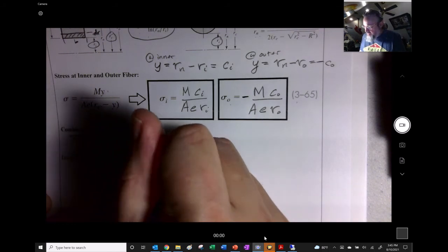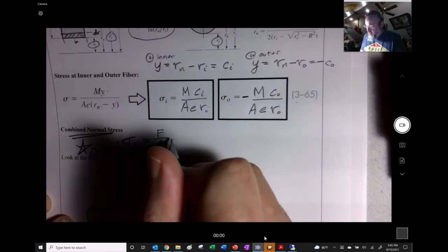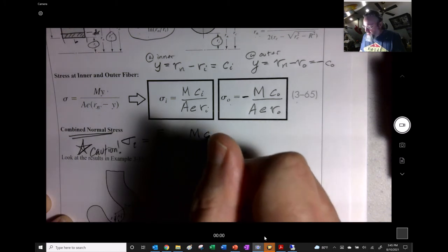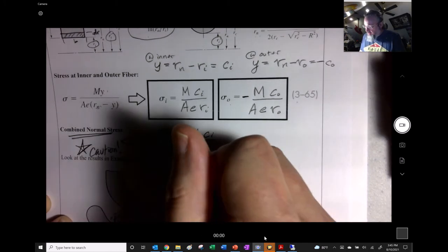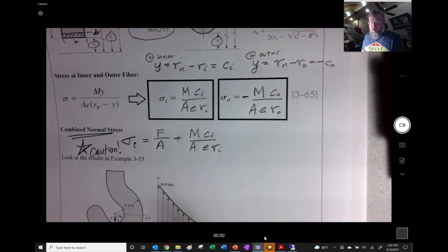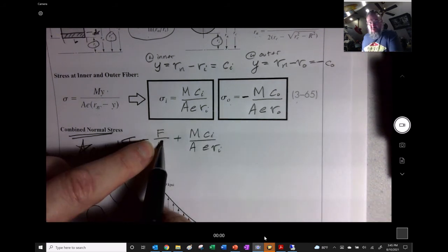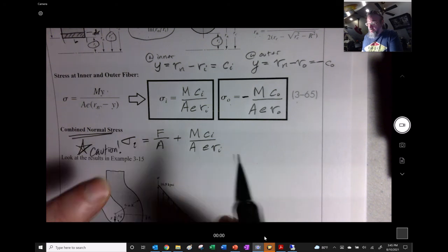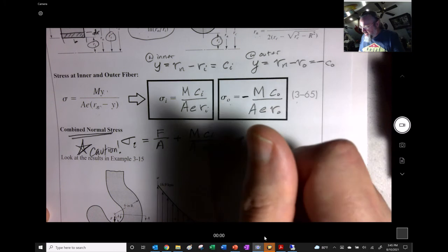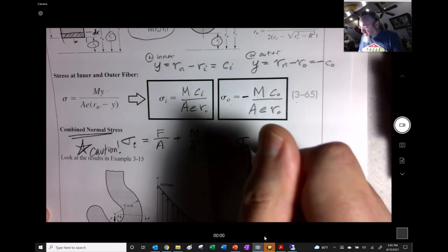You actually have to decide whether there's tension or compression going on. You still have to think your way through this and not be a plugger and chugger of numbers, because this could be compression instead, right? Or the loads on it could be opposite from what you're saying. I'll point this out here in a second.